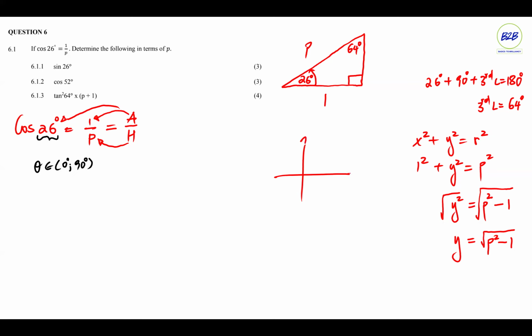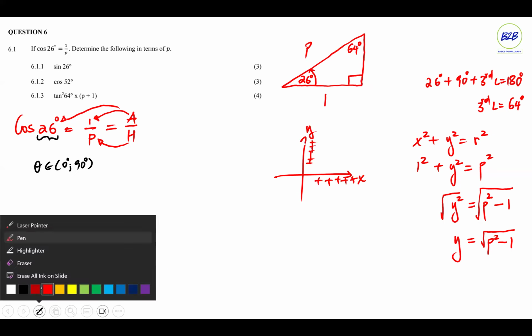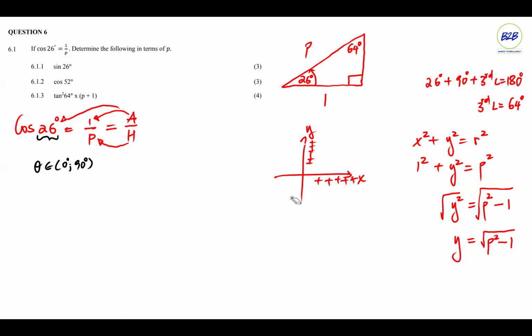And in the first quadrant, as we learned in the previous episode, y is always positive, and x is always positive. So for this kind of question, we don't even have to say plus or minus. We always pick the plus. But why? It is because our right-angled triangle is in the first quadrant.